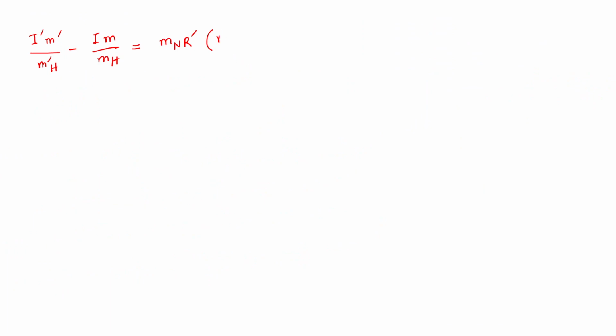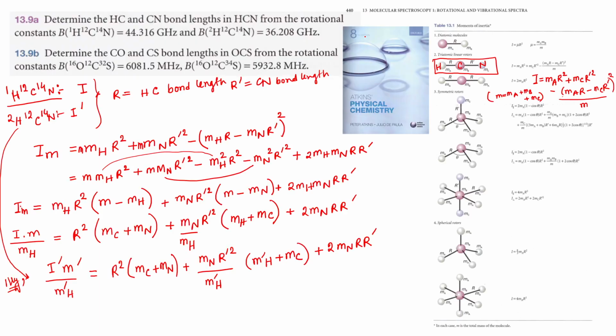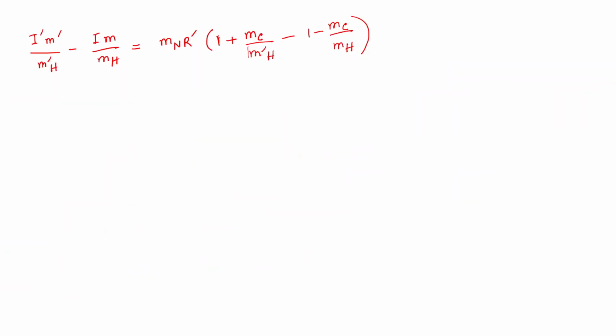Now for this, it is 1 plus mc by mh, m dash h, minus 1 minus mc by mh, and that term is also common. So this is what we have right now.